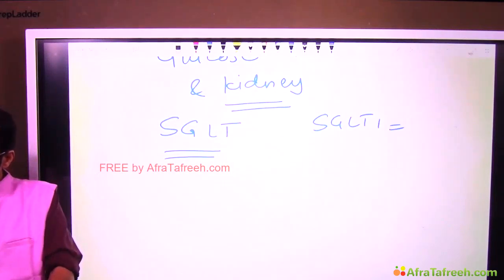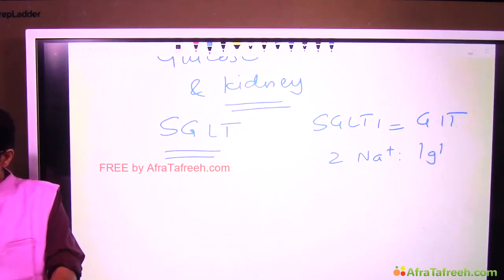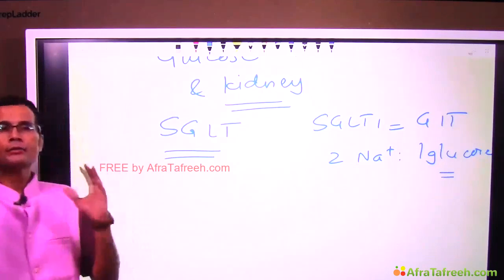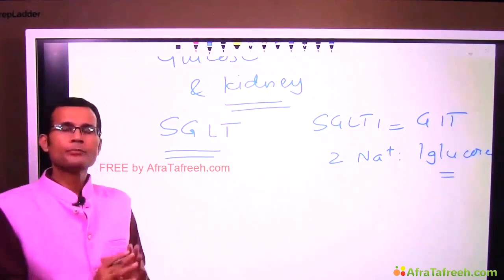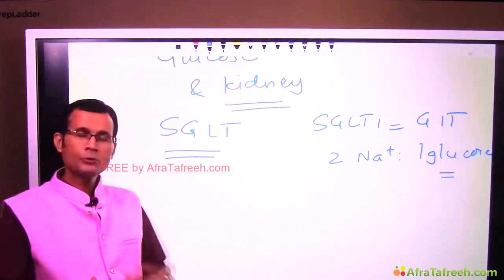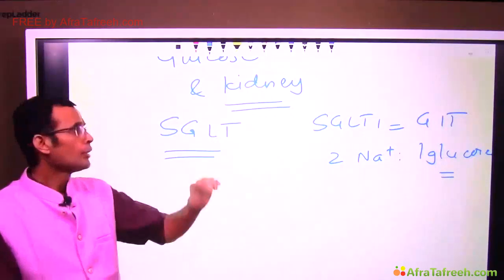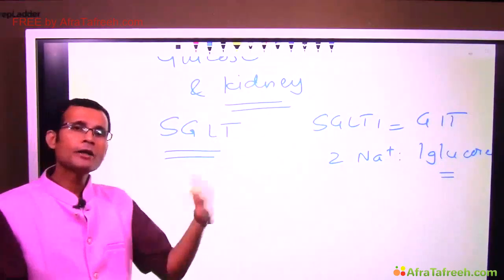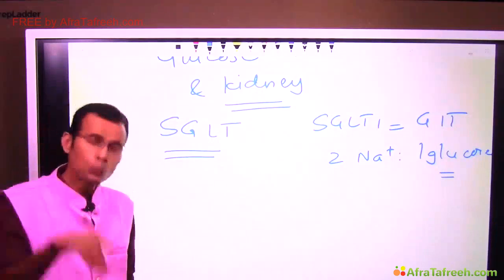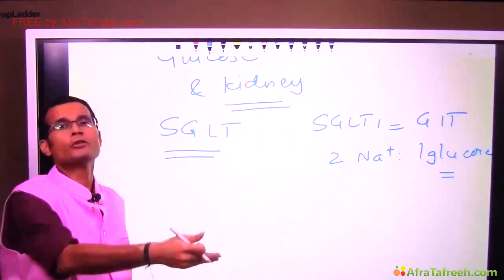SGLT1 is predominantly in the GIT and it carries 2 sodiums to 1 glucose. You must be aware of this by now. We are talking of two substances transported simultaneously, sodium and glucose. But remember, sodium goes from its high to its low concentration and glucose is going from its low to its high concentration.